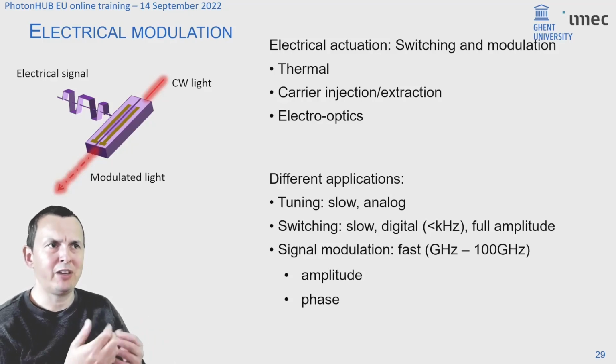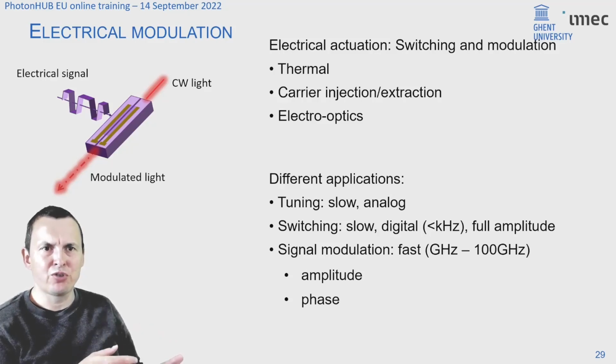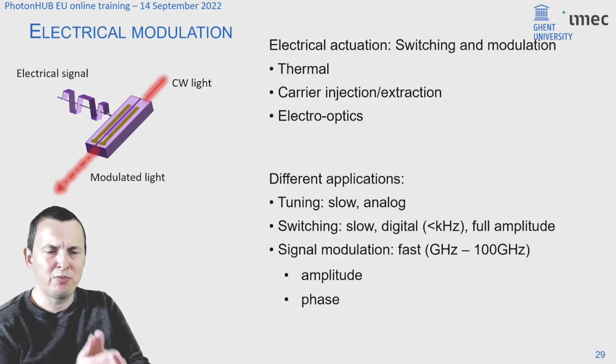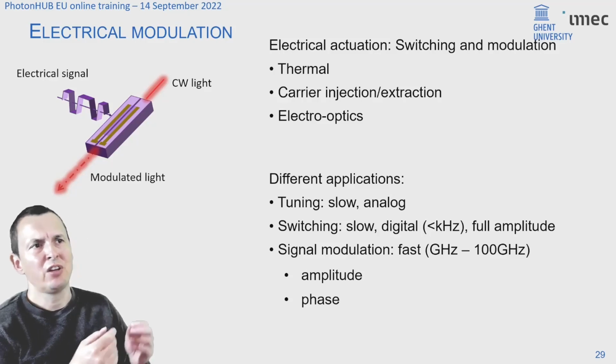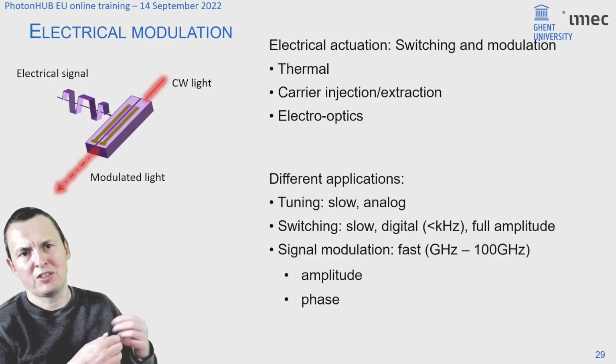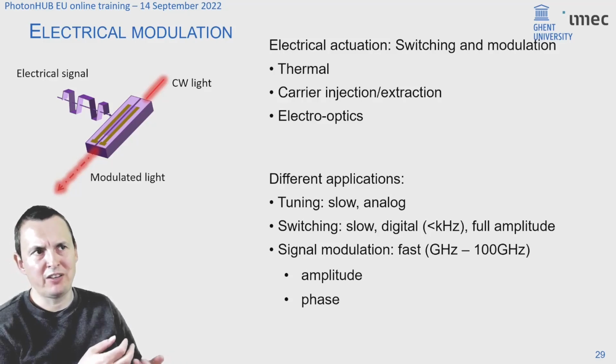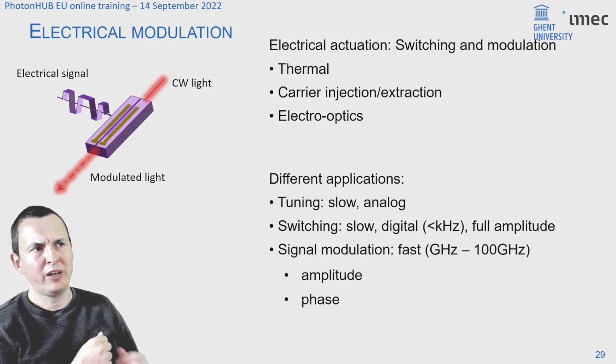You use some electrical signal to adjust the behavior of your circuit, but while tuning is usually a slow property, something that is quasi-static and that keeps your circuit in a certain desired operation point, modulation is usually intended to transmit signals. So you come in with a high-speed electrical signal that you want to encode onto your optical wave.